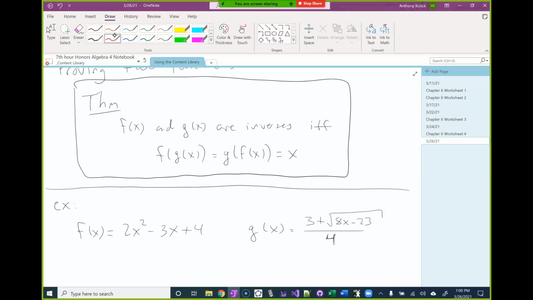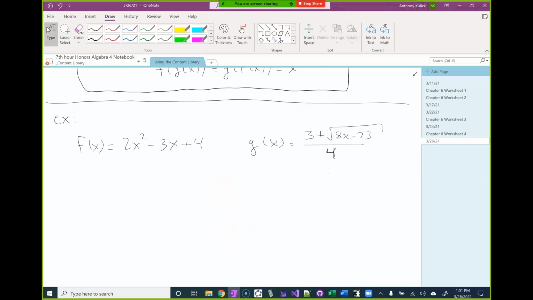All right. So let's start by doing the first composition, f of g of x. To do that, I'm going to replace my g of x with what that's equal to, and now I'm going to be plugging that in for the x's in my f of x.